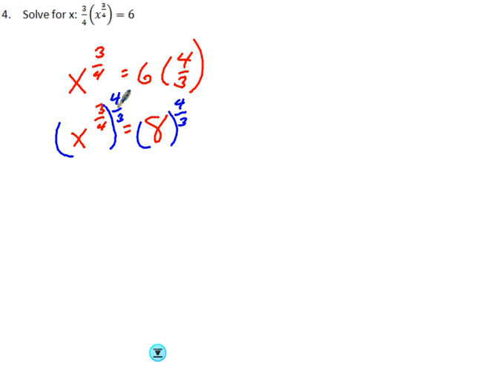So x to the 3/4 to the 4/3 is actually x to the 12/12, which is x to the first, which is just x. 8 to the 4/3, well, if the 3 is in the denominator, that means take the root of that. So take the cube root of 8. Cube root of 8 is 2. 2 to the 4th power is 16. So 8 to the 4/3 is the same thing as 16. X is 16 in this problem.